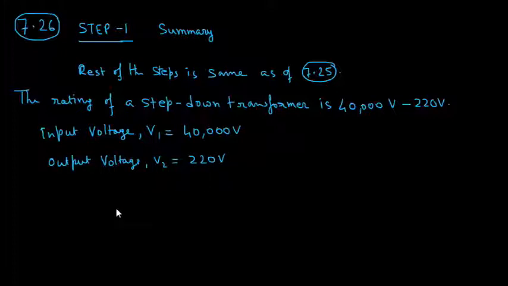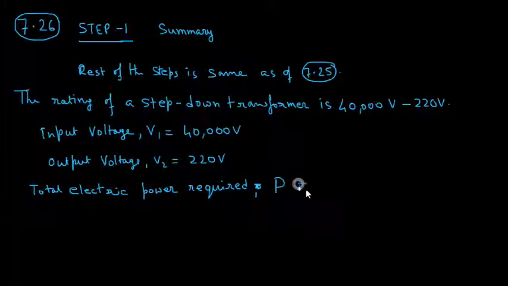Total electric power required P is equal to 800 kilowatt, which is 800 multiplied by 10 to the power 3 watt.